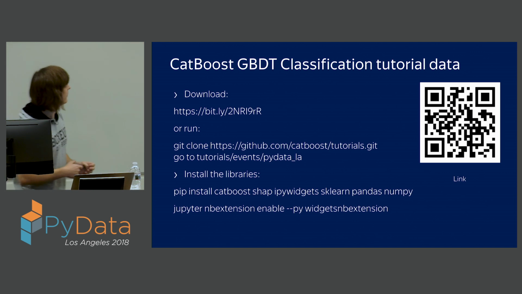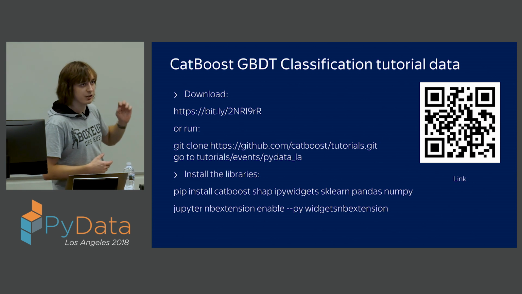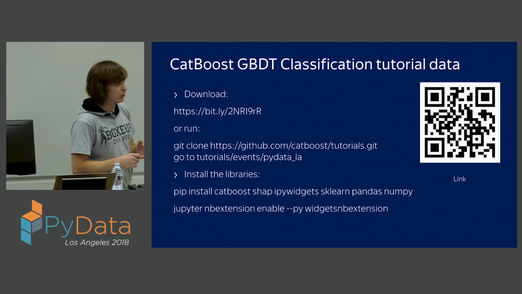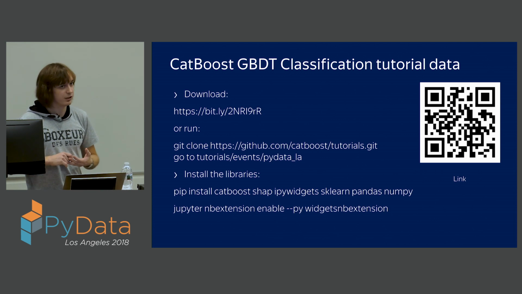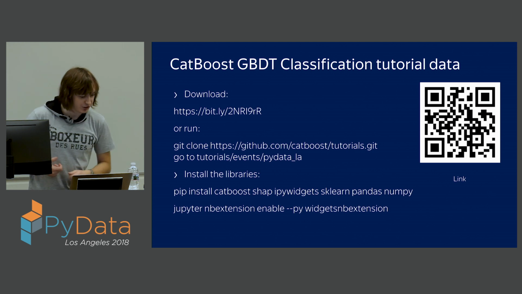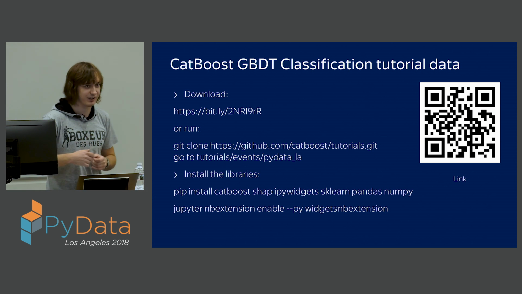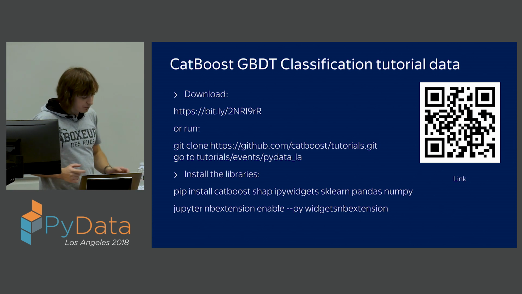I think I will give you 2 or 3 minutes so you can download and install everything, and then we will switch to the next part of our talk. Maybe it will be a good idea to take a photo of this, so if we go faster, you will have everything. Okay.